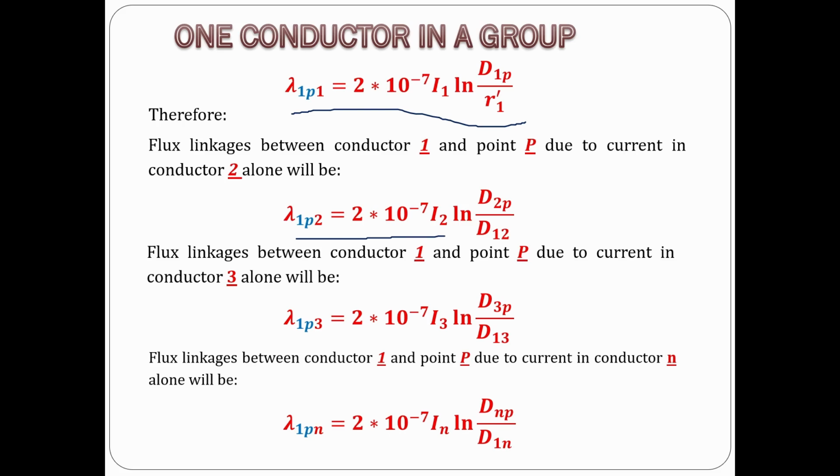Similarly, the flux linkage due to current in conductor number 3 alone will be 2 times 10 to the negative 7 I3 ln D3P over D13. And also the flux linkage due to current in conductor N alone will be 2 times 10 to the negative 7 IN ln DNP over D1N.